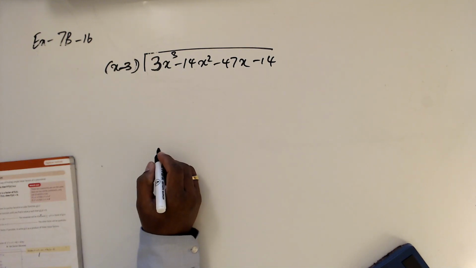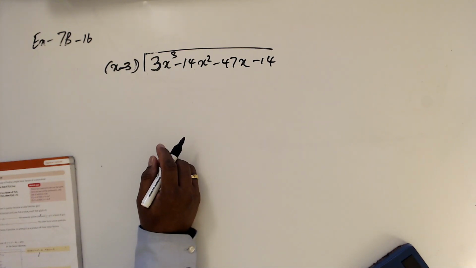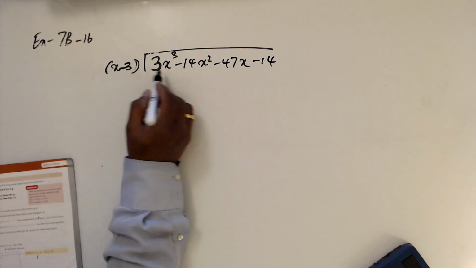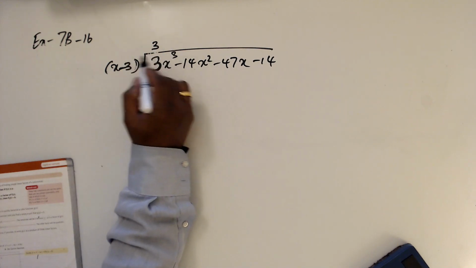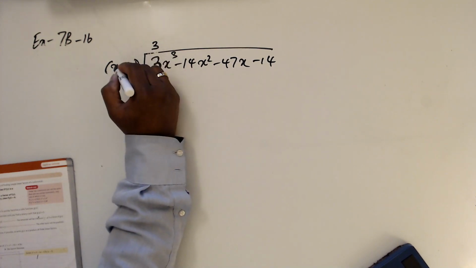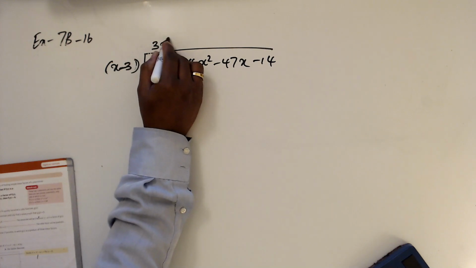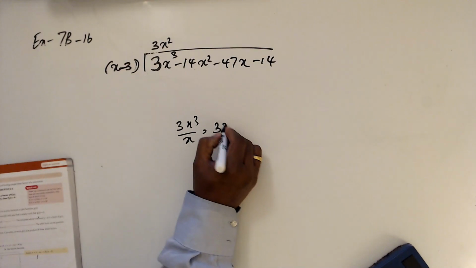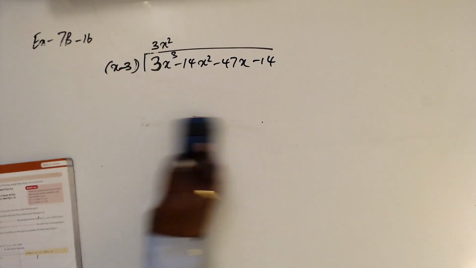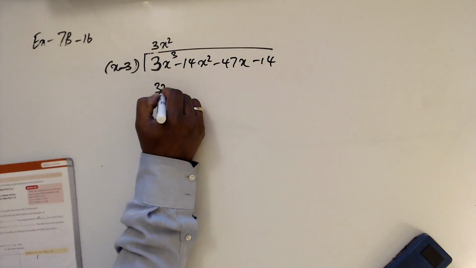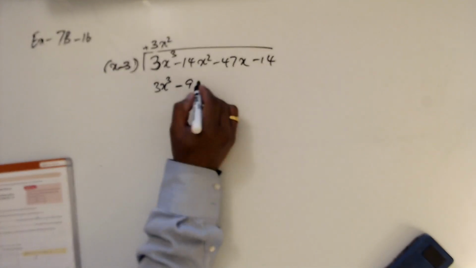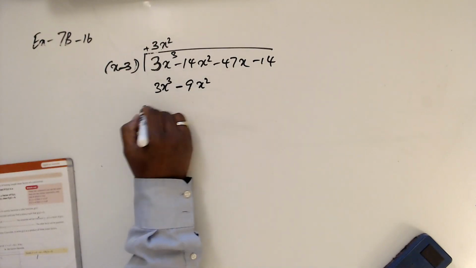Question number 16. We want to find the remainder, so we'll start. This is going to be 3, and 3x cubed divided by x square. 3x cubed by x is 3x square, and this is going to be 3x cubed, 3 times 3, 9, plus times minus 9x square, and we minus this one.